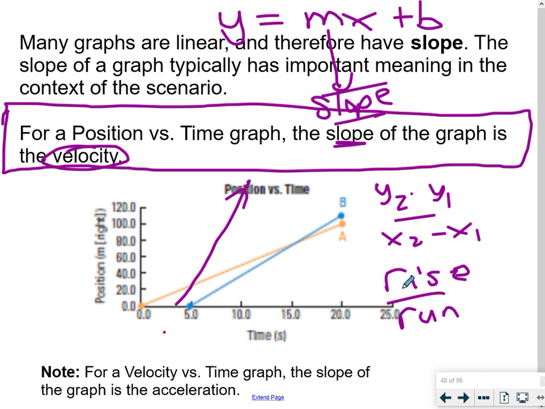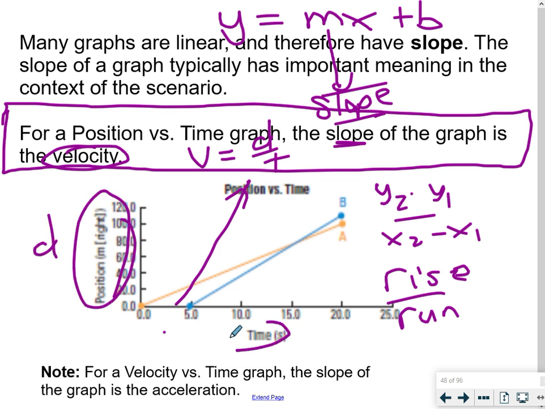But if you get the idea of rise over run, I want to talk a bit about formulas. What was the formula for velocity? Just the most basic one we learned. Okay, distance over time. But hang on a sec. The distance right here is basically position, and your time right here is time.